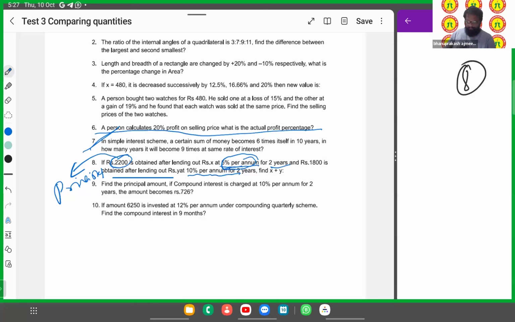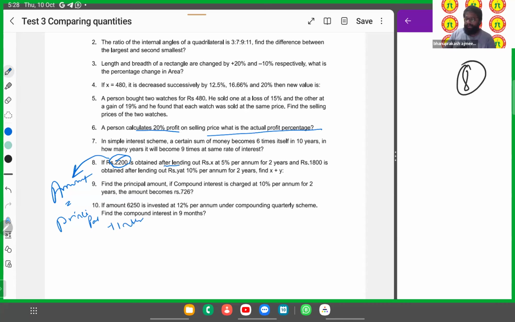Okay. Sir, won't X and Y here be known as principals and the 2200 is the SI? Sorry, that's the reason why I'm checking the question again. So here if you see, 2200 is obtained after lending out some X rupees. So 2200 is the amount, which is principal plus interest.